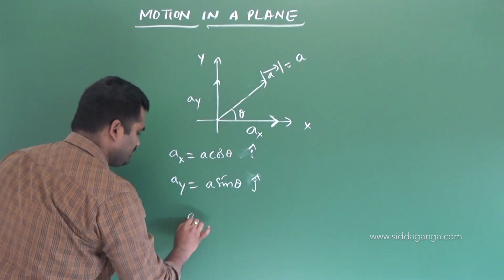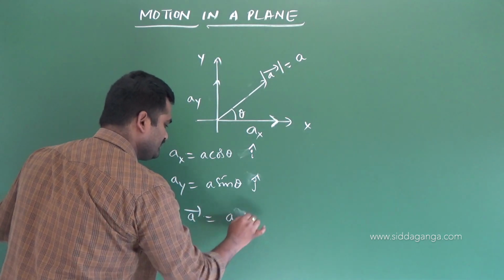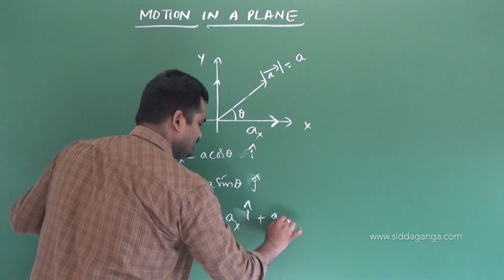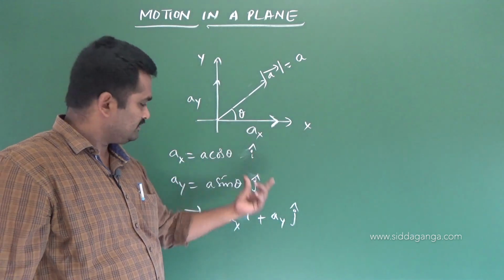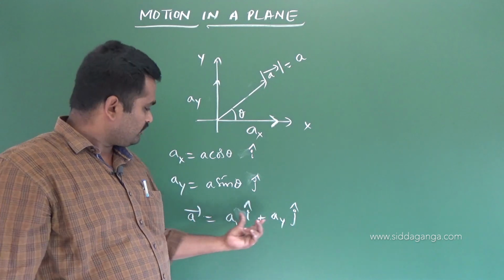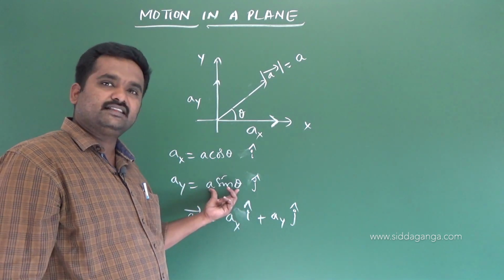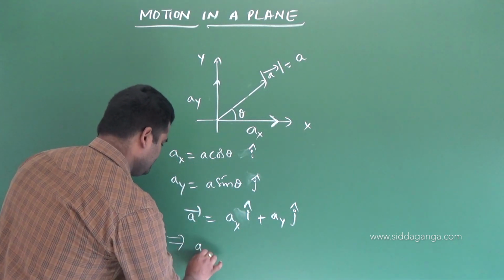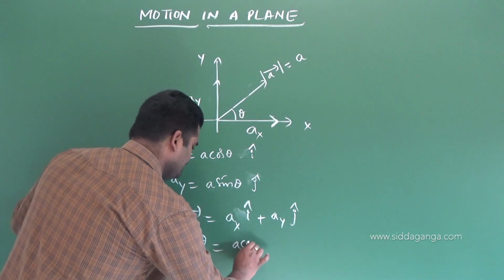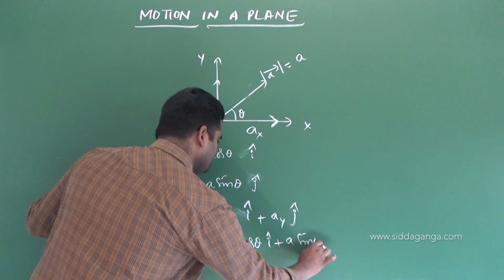So this vector a bar, I can write as Ax i cap plus Ay j cap. What is Ax here? A cos theta. What is Ay? A sin theta. Got it? So I can rewrite this relation as a bar equals a cos theta i cap plus a sin theta j cap.